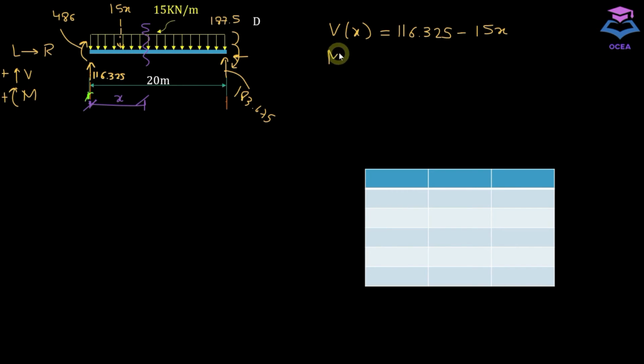Similarly, for the moment equation, we stand on the section, see on the left hand side, and take the algebraic sum of all the moments. This 116.325 is producing a clockwise moment about this section, so it is going to be positive, and it has a moment arm of x meters.